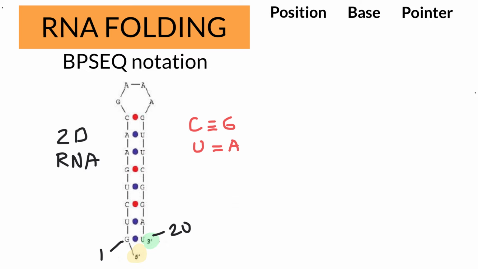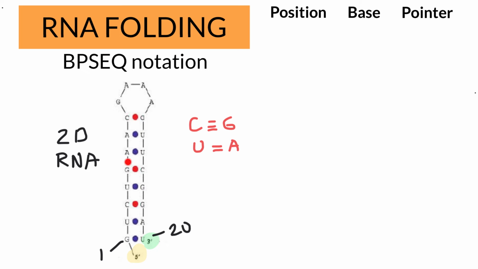Hence, different colors: between adenine and uracil it is blue, meaning double bond, and between cytosine and guanine it is red, specifying that here is a triple bond. Otherwise, these colors don't mean anything for the description of the structure of the RNA.